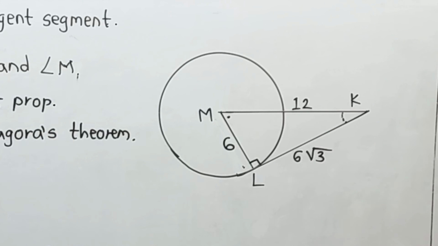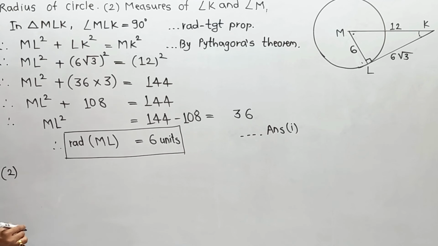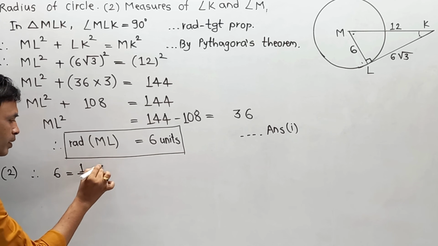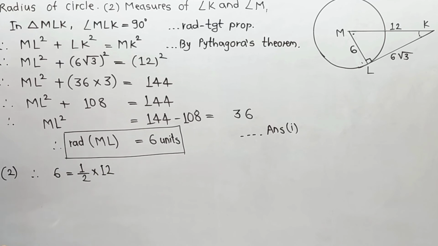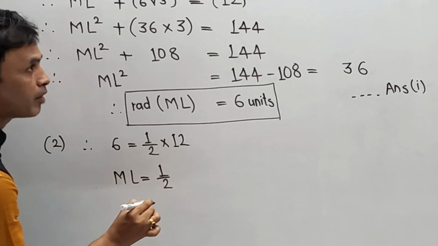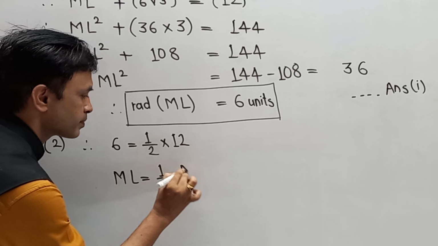So writing that part over here, the value 6 is equal to half of 12. Logically we can say that ML is equal to half of MK.